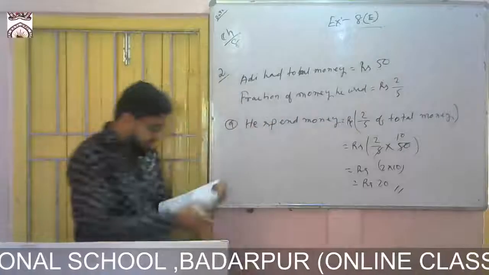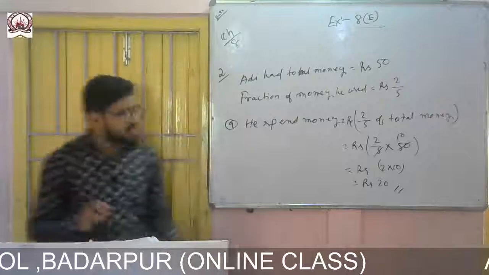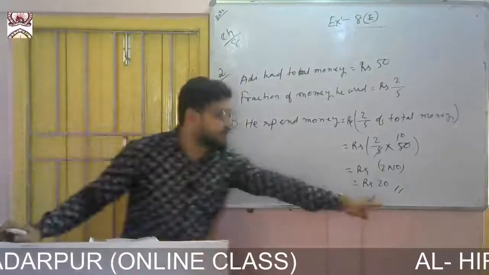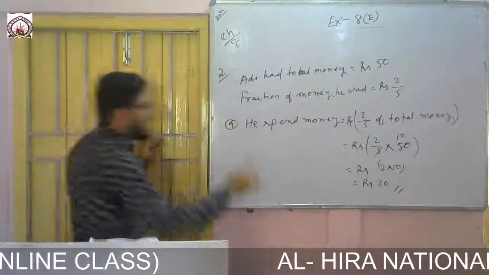So this is the first answer: rupees 20. Now how much money was left? From 50, if I subtract this 20, then I will get the money left with Adi.